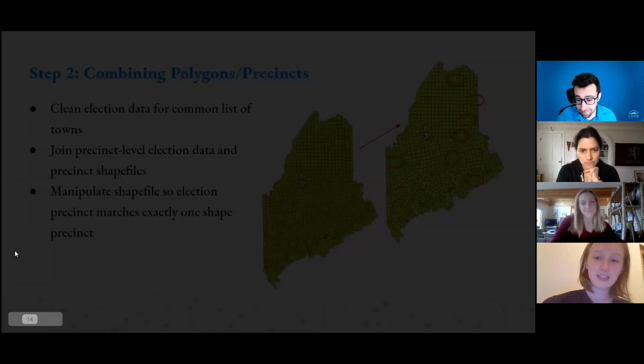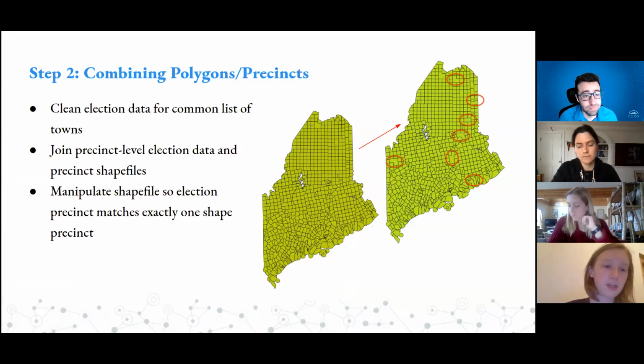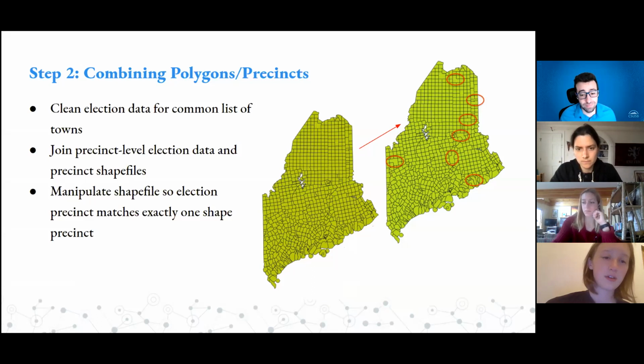Next slide. Yeah, and so in Maine, the main issue that we had was small discrepancies, where in those uninhabited areas that I showed before, oftentimes there was only a handful of votes reported in a township. So they would group townships together to report them. And this varied sometimes from election to election, how specific townships were grouped together.